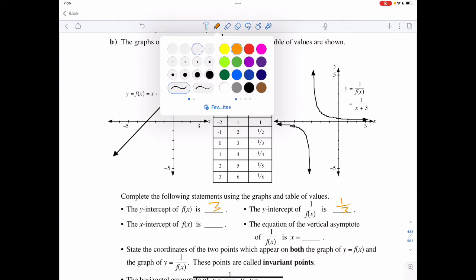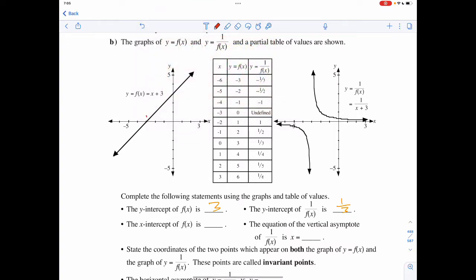In my original case, the x-intercept occurred at negative 3. And there was no x-intercept here because I can't divide by 0.